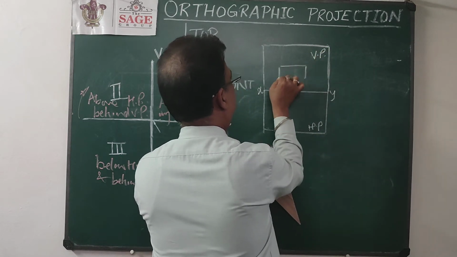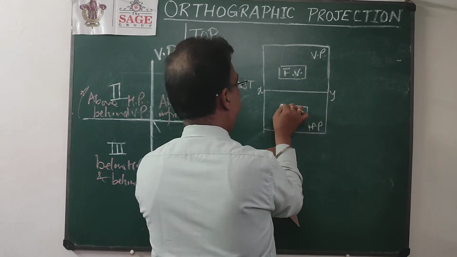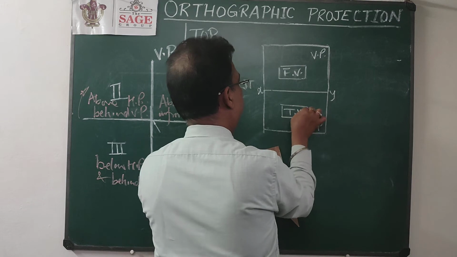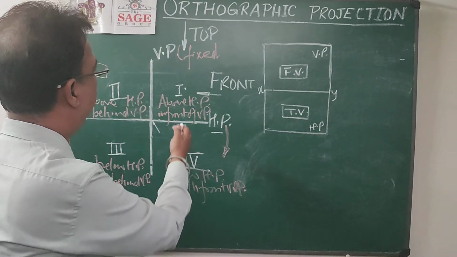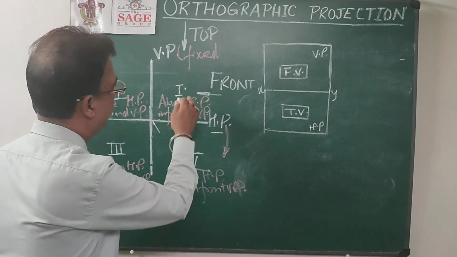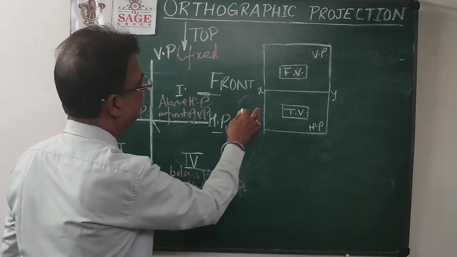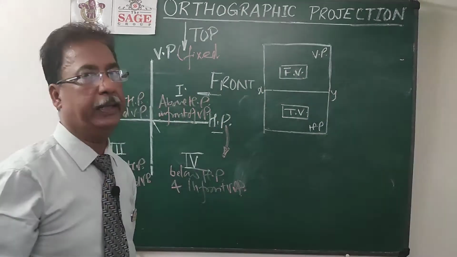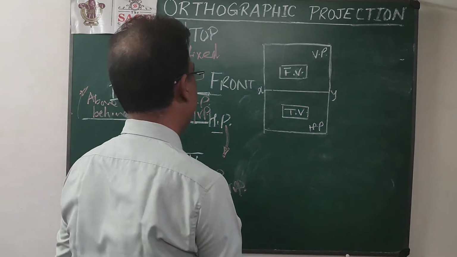Here we will get the front view and below we will get the top view. So as I have drawn earlier, whenever the object will be in the first quadrant, in the VP we will get the front view, and in the HP we will get the top view, and the rotation will be downside, so VP will be upside and HP will come below. So that will be front view and top view.